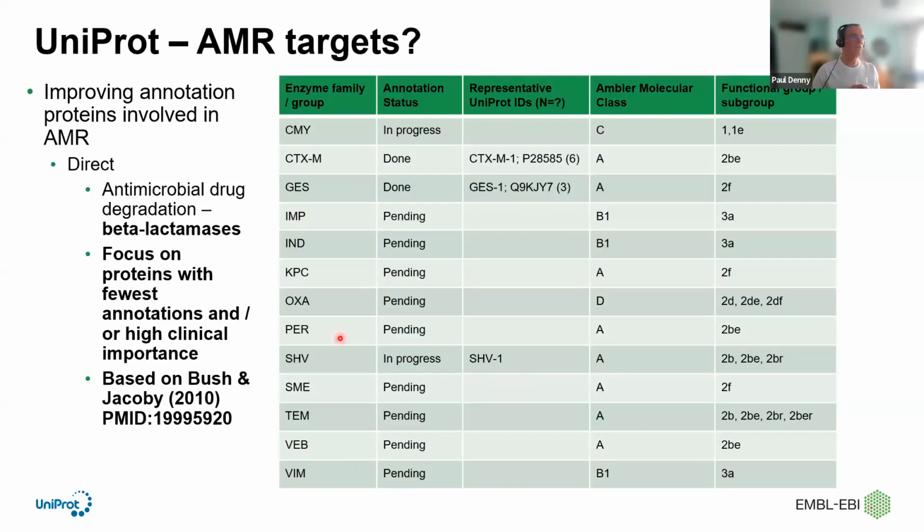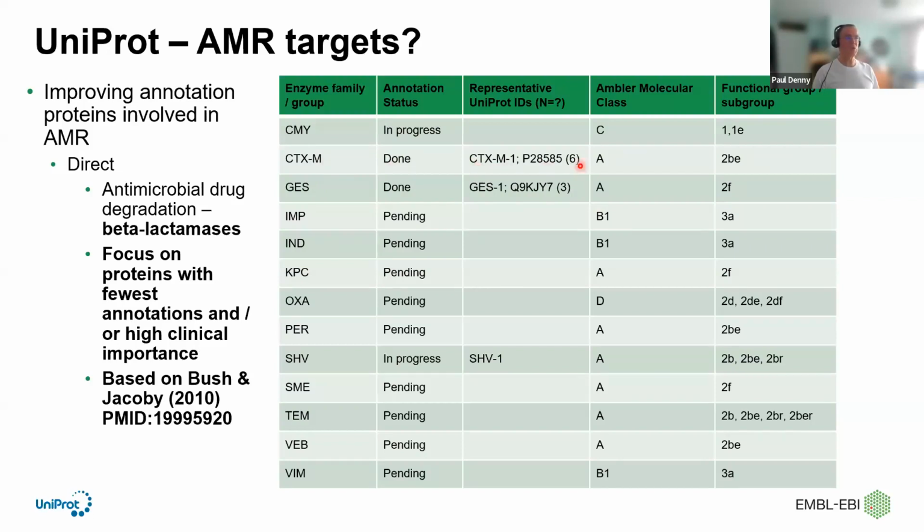So this gives you an idea of some of the groups of beta-lactamases which we've been annotating and either are in progress or we'll be getting to them soon. I've mentioned one of the members of the CTXM grouping.